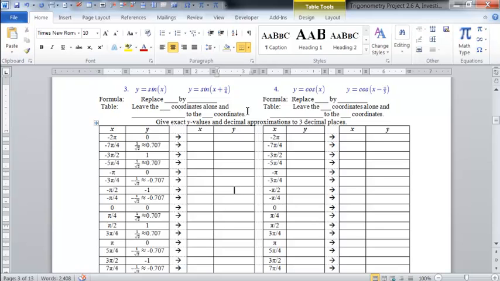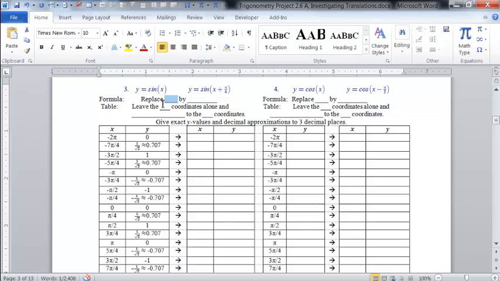Now how about the new graph and the new formula? Well, how about the new formula first? What changed? Notice it's still y equals, that stayed the same. We're changing x. We replace x by, so if I took this formula and everywhere there's an x, put a set of parentheses, and in that parentheses put x plus pi over 4.